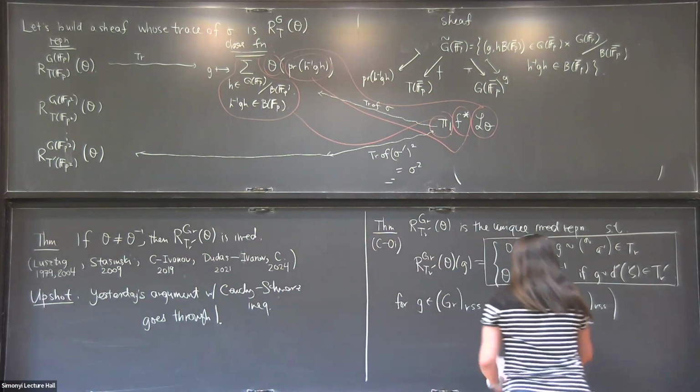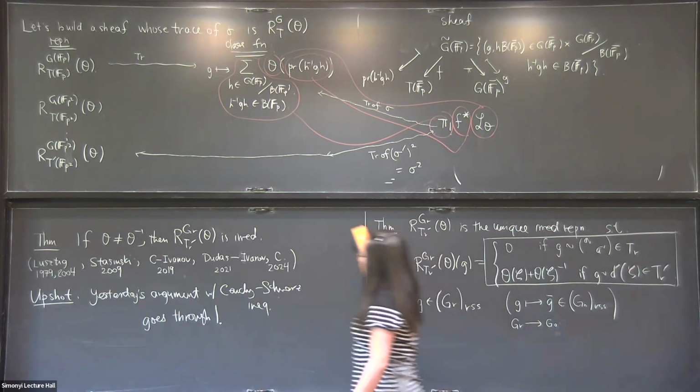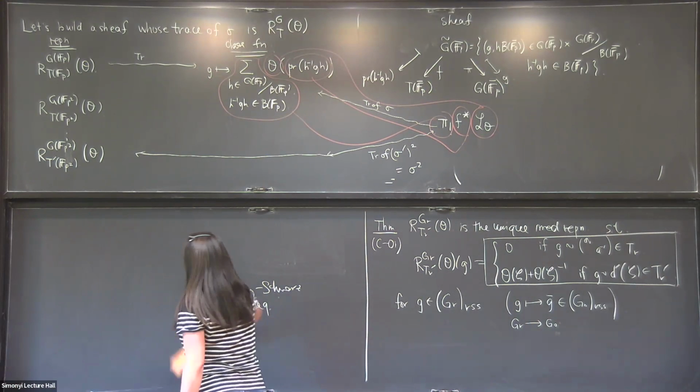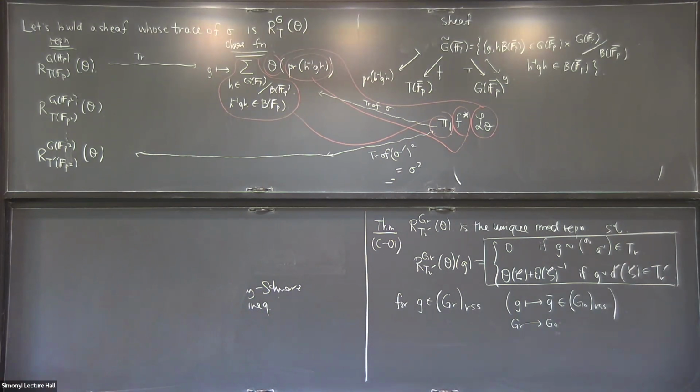And the essential thing that happens, the reason why we don't automatically get something from a sigma prime, is that this sigma prime has an extension to the entire group, which says you take the usual sigma and you conjugate by w.